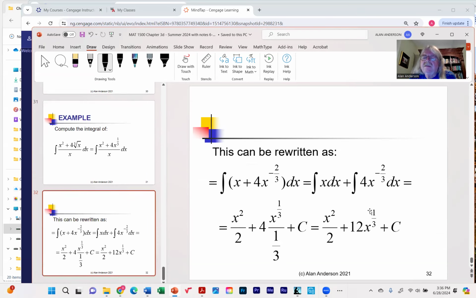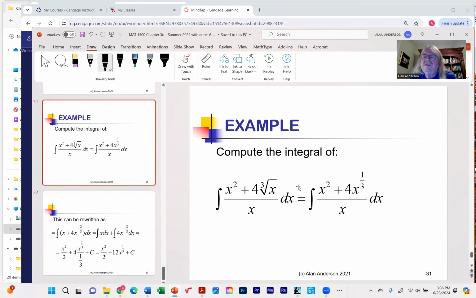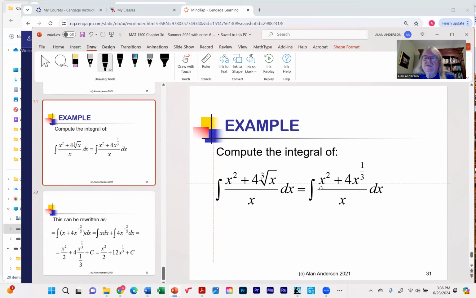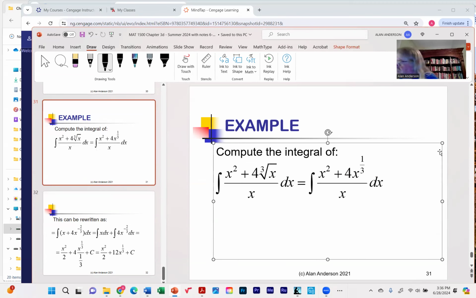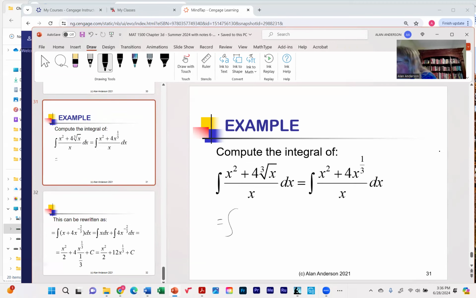How about this? What if I divide x into both of these terms? I'll move the 4 to the outside.